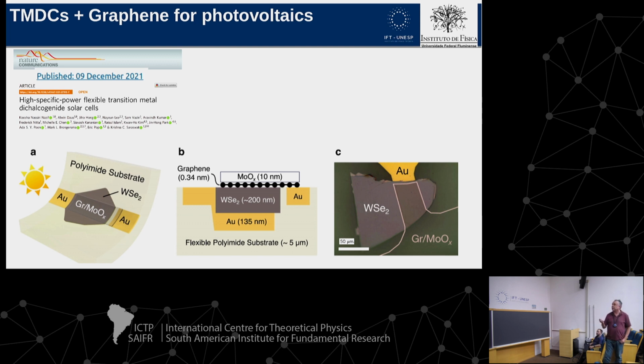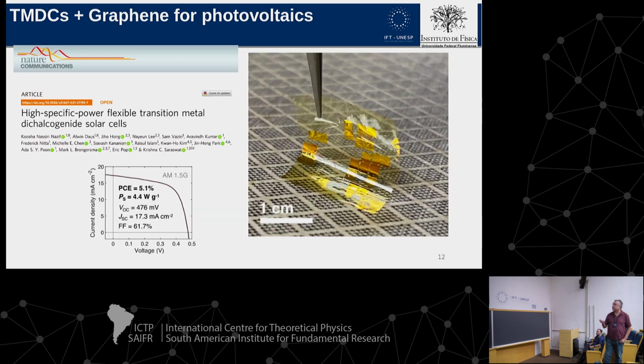So it's another kind of material, and they can have flexible solar cells. The efficiency is not so large, but anyhow, it's another possibility. So we can have transparent solar cells, and also flexible solar cells, with the use of two-dimensional materials.